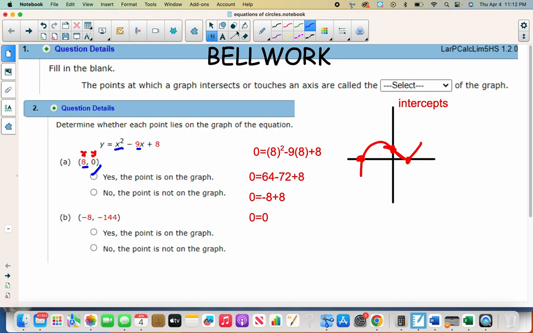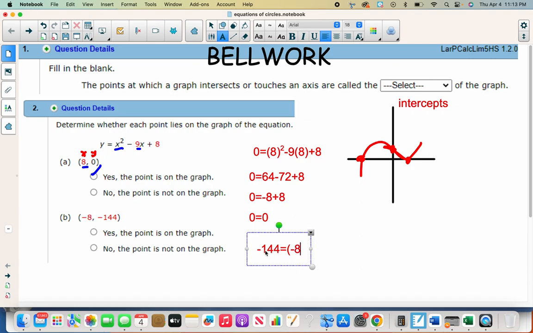All right, next we're going to try part B to see if that point lies on the graph. But now our x is negative 8 and our y is negative 144. So we're going to say negative 144 equals negative 8 to the second power minus 9 times negative 8 plus 8.